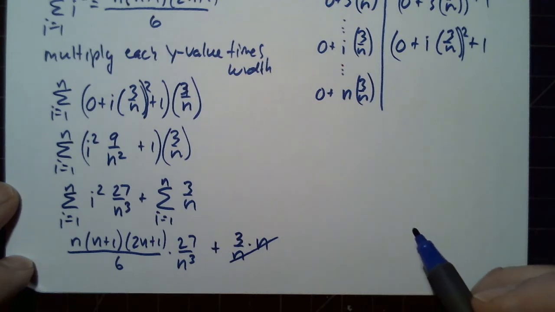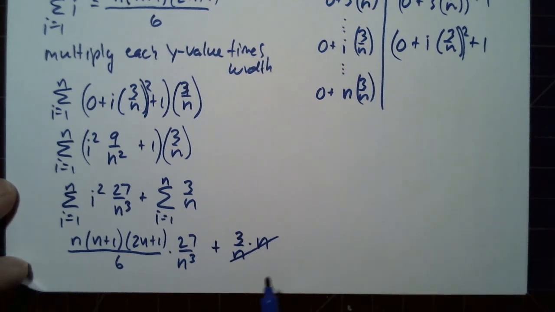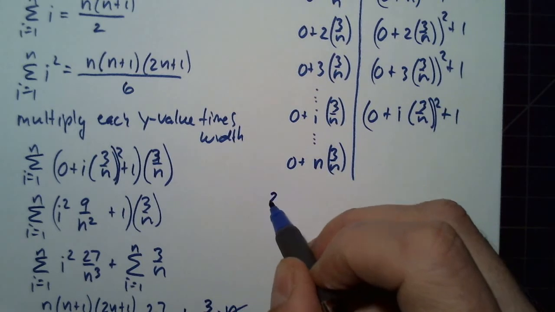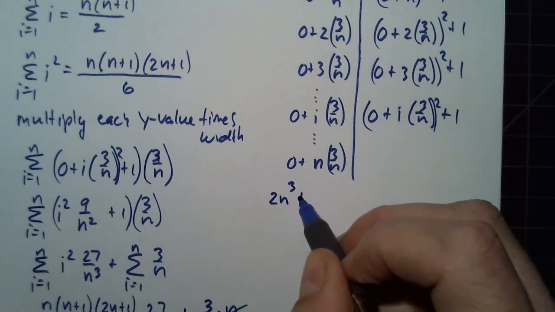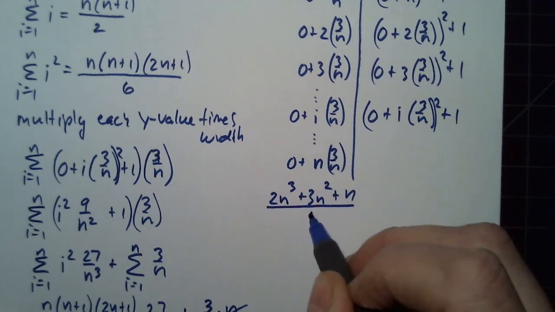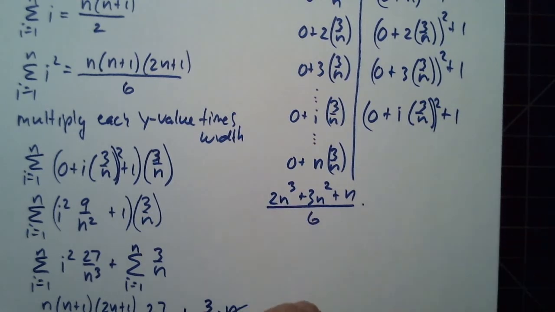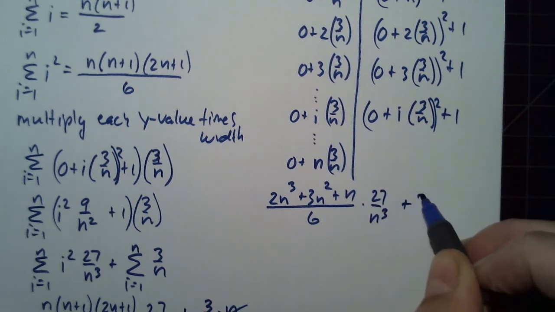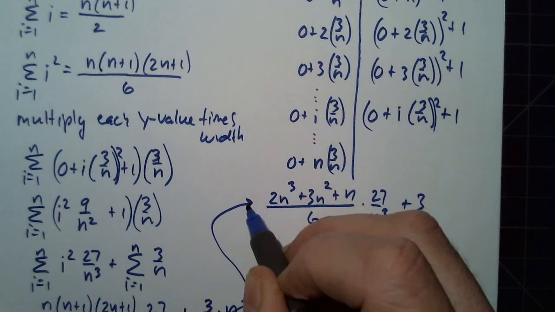All right. So we've already seen how this expands. We did that in a previous problem, two examples ago, and it turns out to be (2n cubed plus 3n squared plus n) over 6 times 27 over n cubed plus 3.